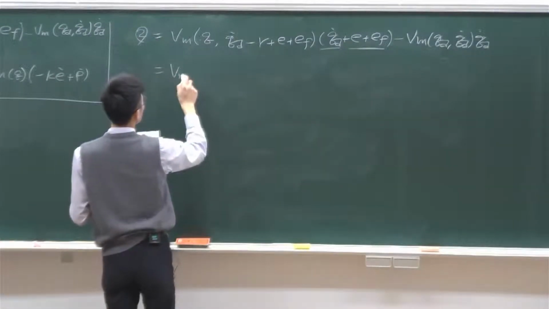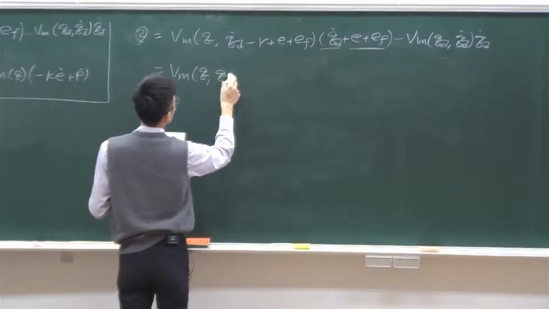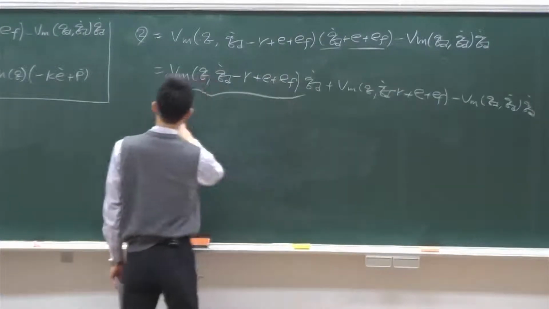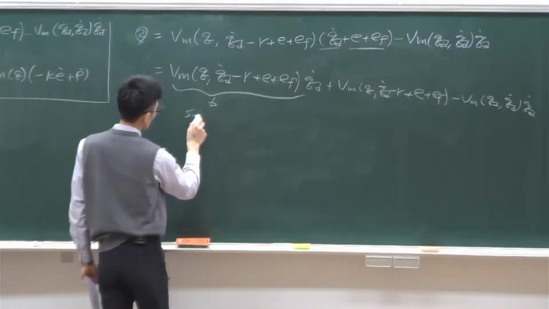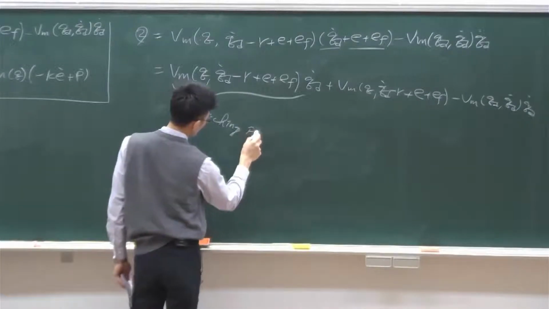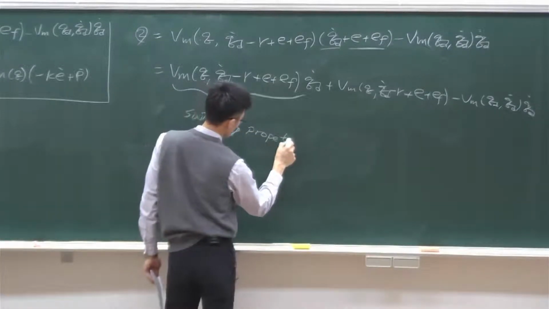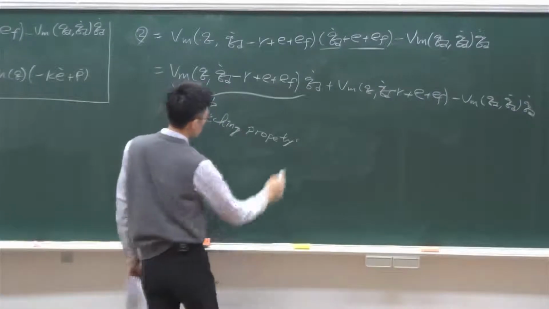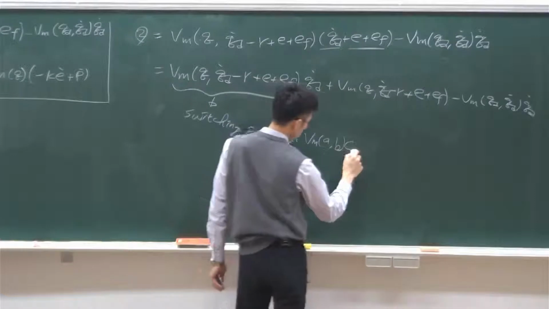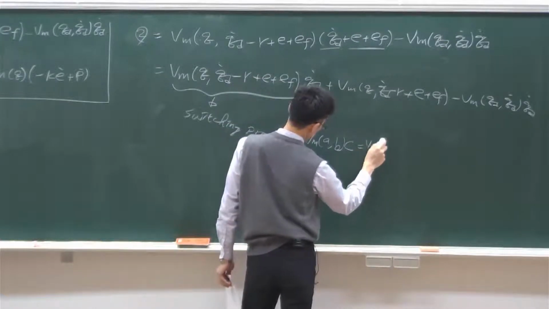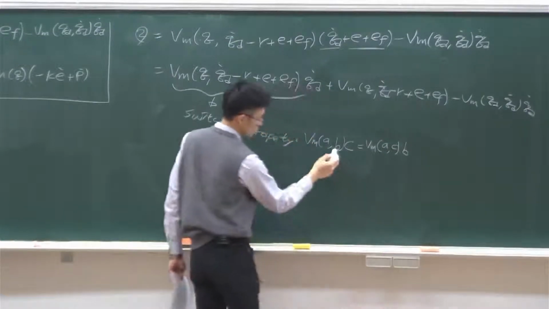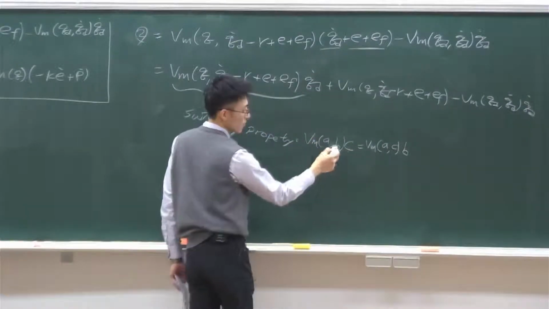Segregate this, so we can write down this, using a switching property, which is Vm AB times C equal to Vm A C B. You can swap these two variables.